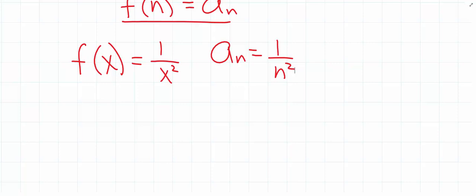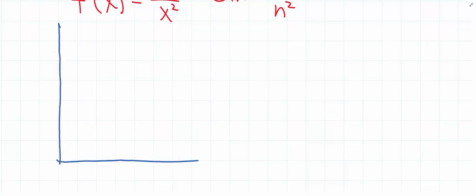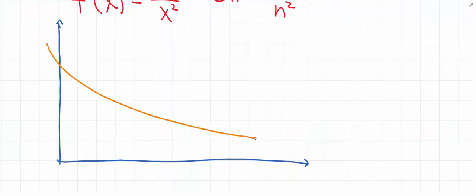So let me draw you a picture of what I'm talking about. Let's suppose that we have a function and all the terms are positive. Maybe it looks like this, and maybe I'll start over here at 1. Notice, past this 1, the function is always positive and always decreasing.